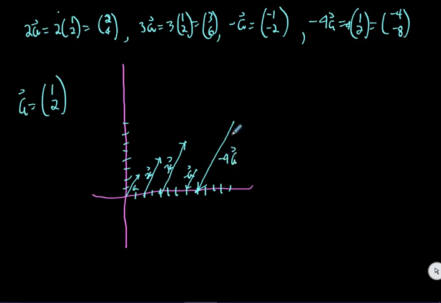So we were able to show each of these vectors that they asked us to do. Negative 2a is right here. Negative 3a is right here. Negative a I wrote right here. And then negative 4a I wrote right here. But this one is just going this direction. And there you go. Thanks, guys.